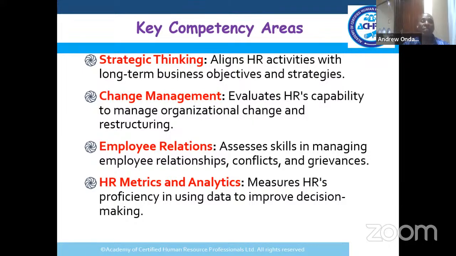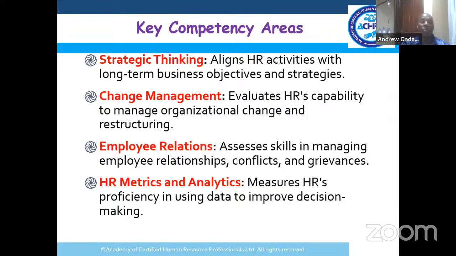The other competency is HR metrics or analytics, that we must be able to measure the effectiveness of the various activities and functions in our organization. So these metrics can either be, one, quantitative, where we are using numbers and percentages or frequencies.